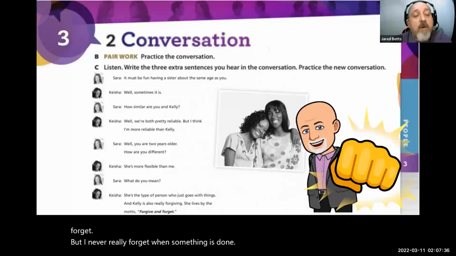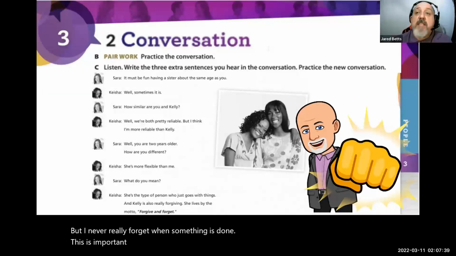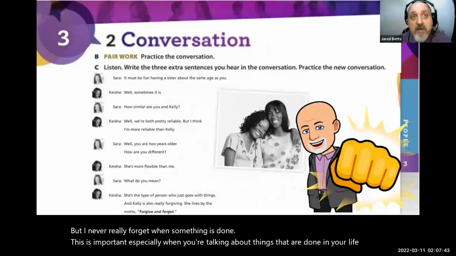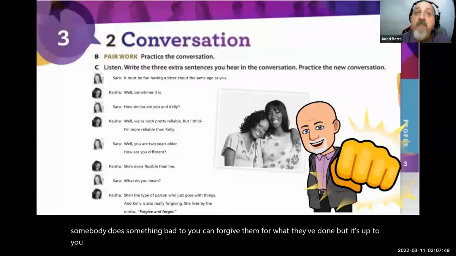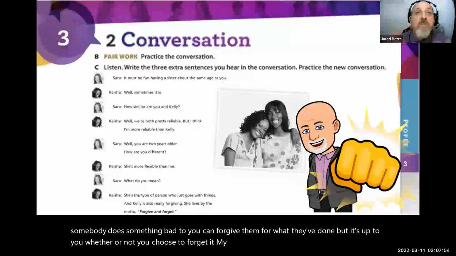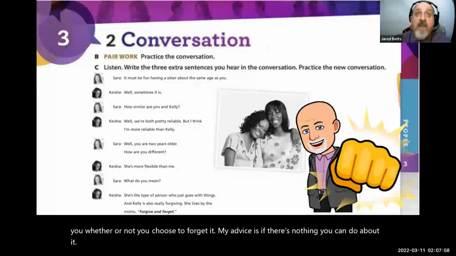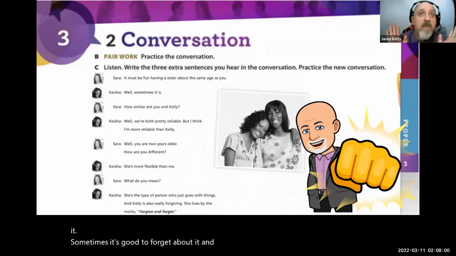This is important, especially when you're talking about things that are done in your life. If somebody does something bad to you, you can forgive them for what they've done, but it's up to you whether or not you choose to forget it. My advice is if there's nothing you can do about it, sometimes it's good to forget about it and just think, it's not worth me thinking about it.